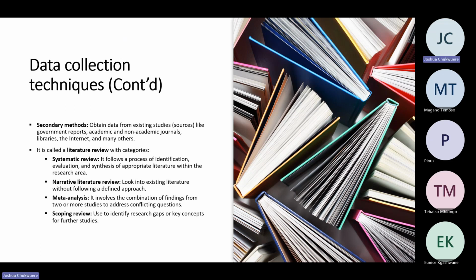You may not go to the field, you can still do the same study by looking at existing data that is there. Like economists, they normally use existing data, whereby they look at, let's say, the Reserve Bank data, because the Reserve Bank has a lot of data which they collect on a continual basis, to look at that very data within so and so period of time.